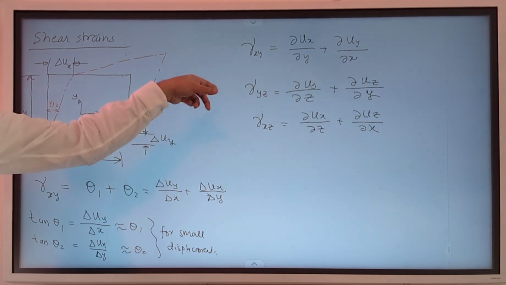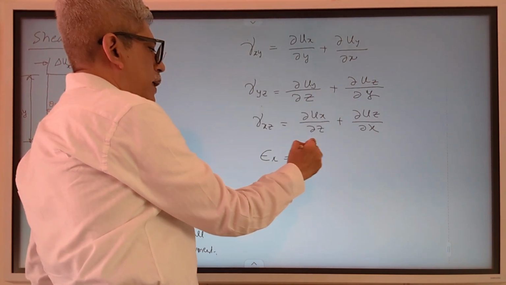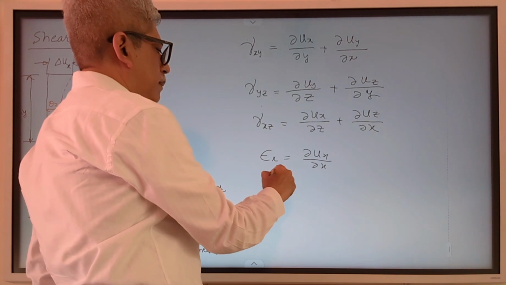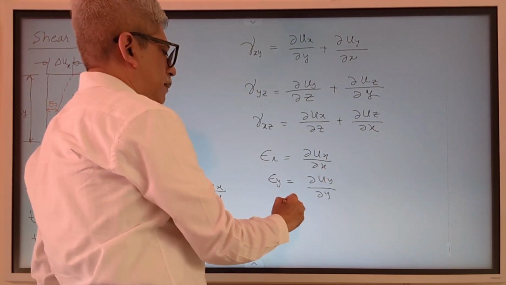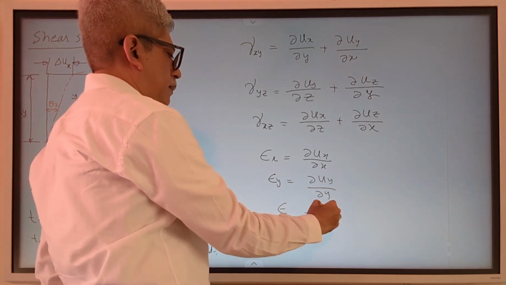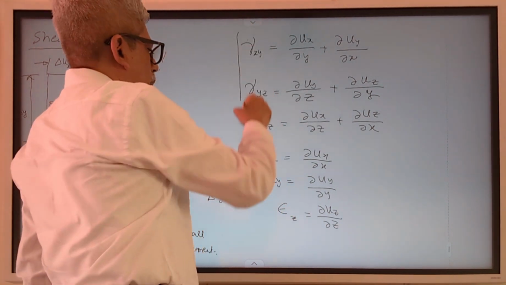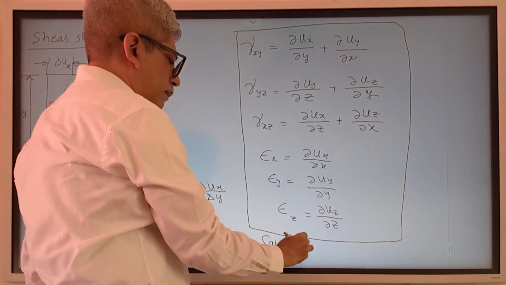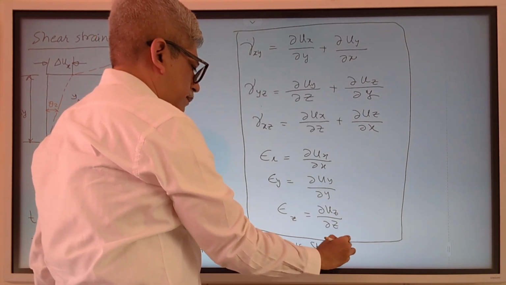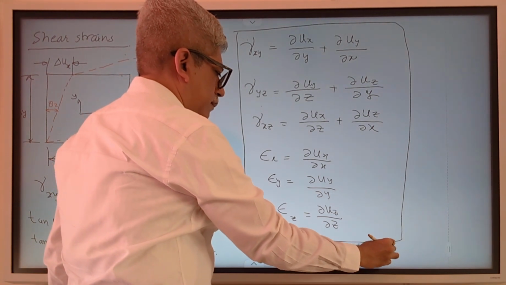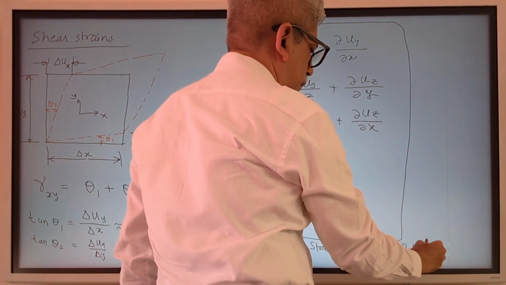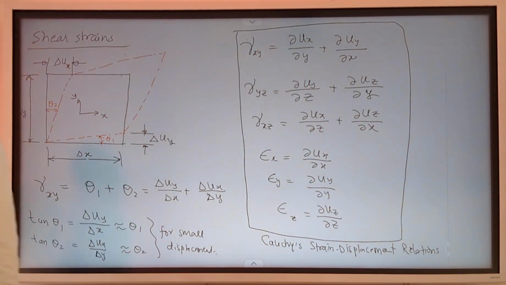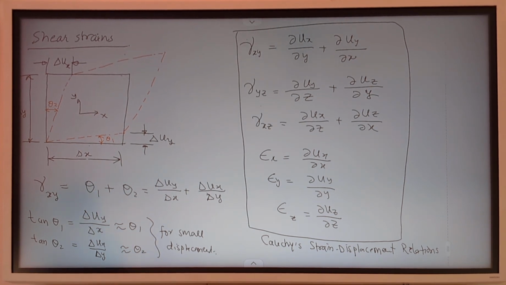So these three shear strain equations plus our linear strain equation, that is partial ux by partial x, all together are called Cauchy's strain displacement relations. What they do is this: if you know the displacement field, so you know how the body deforms at every point, you get the total displacement field.